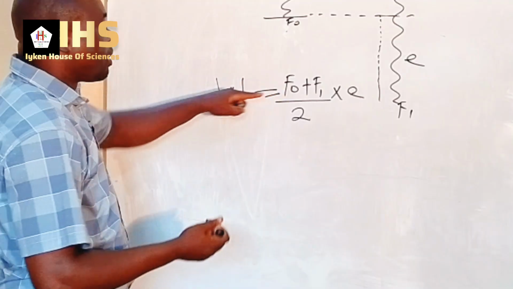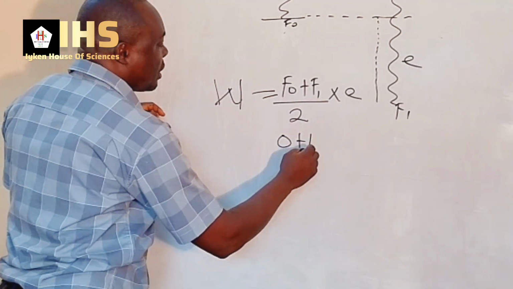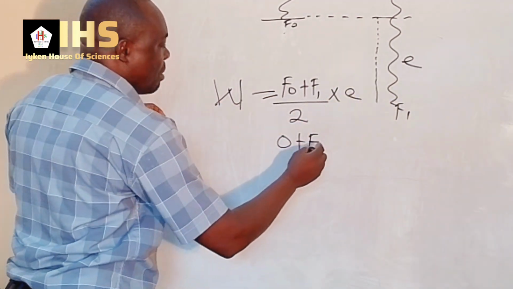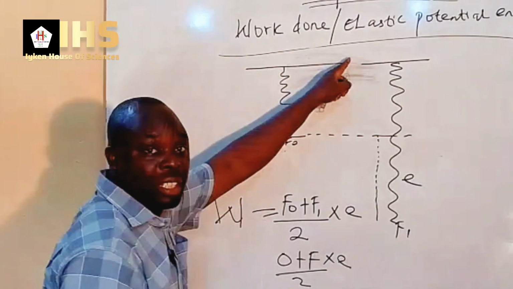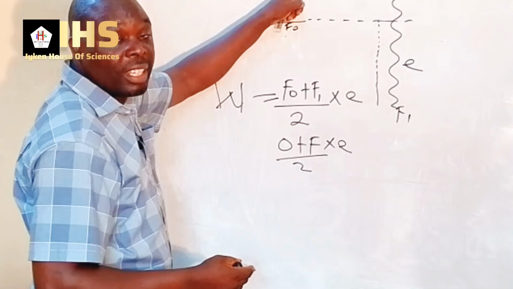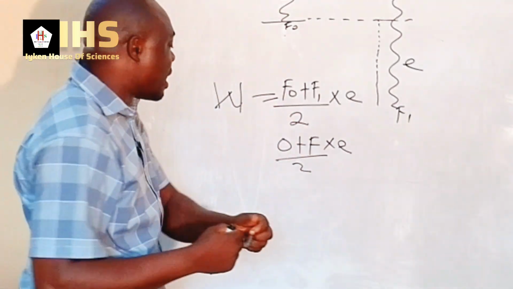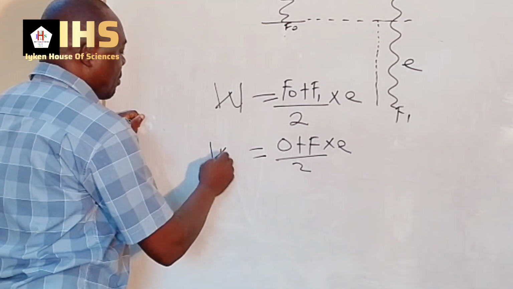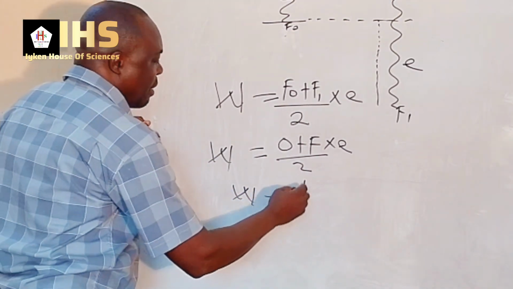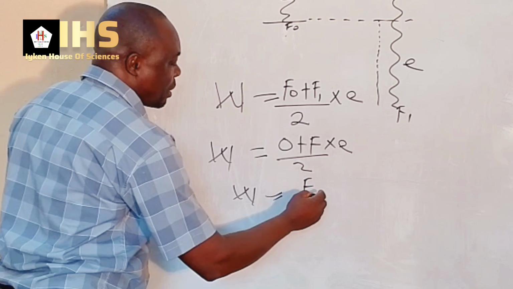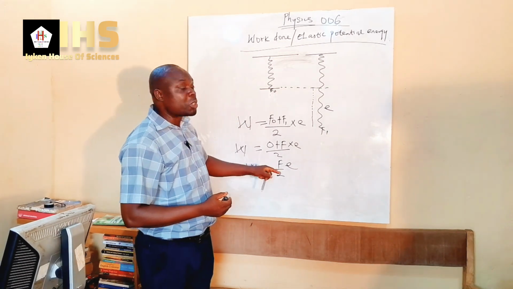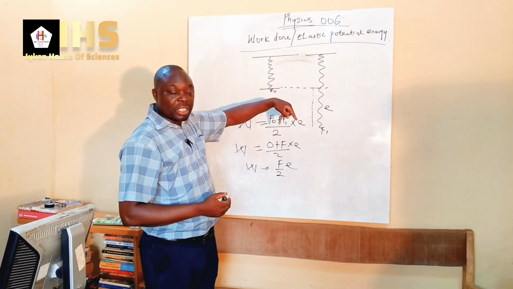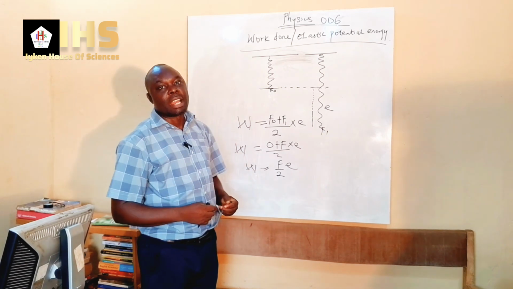So we have 0 plus F, which is this F1, multiplied by E all over 2. So the energy stored or the work done in stretching this elastic material is equal to F over 2 times E. This work done is equal to the energy stored in the elastic material.